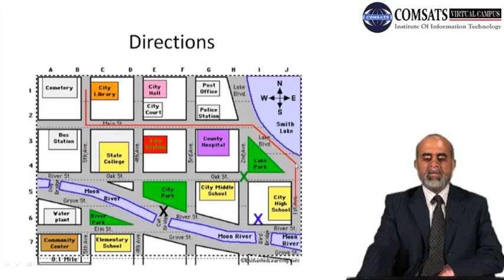Okay? Until you reach the lake park, or until you reach a park. You will see a park on your left. Go along that park, and then make or turn left into the first road. Turn left into the first road.